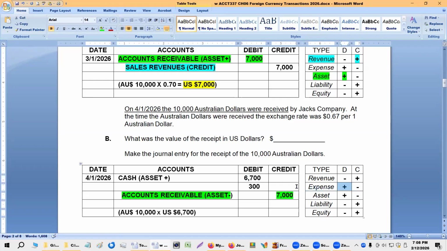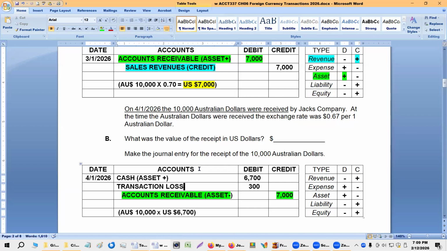That's why it's going to be a debit here. So we'll say transaction loss. It's similar to an expense, but you don't want to put it there as expense because it's a little bit different. It's a loss, and it's due basically to the change in the value of what we got back.